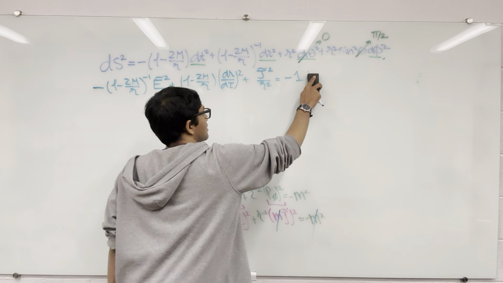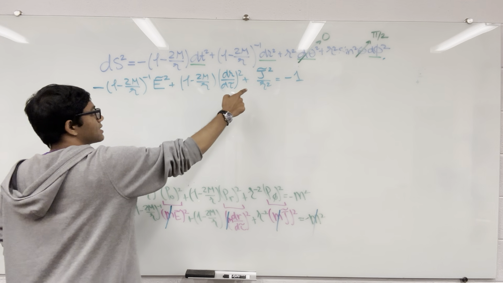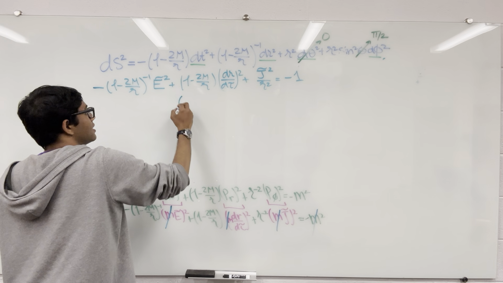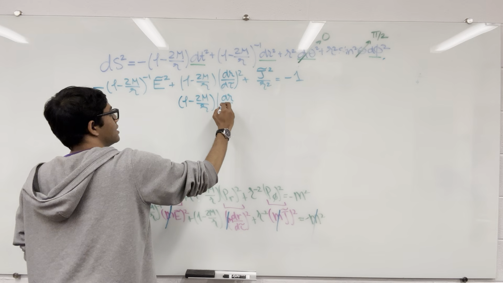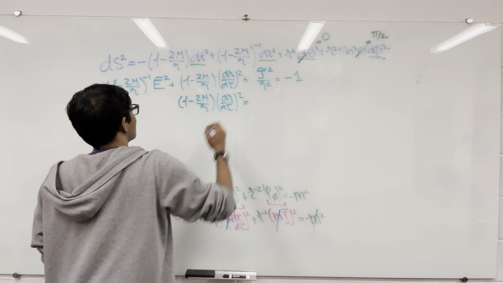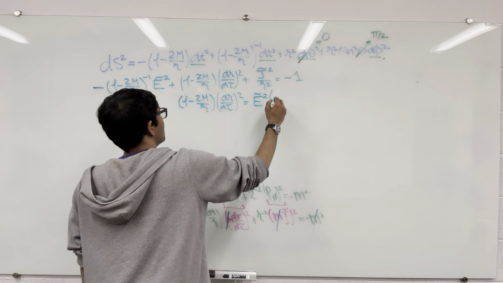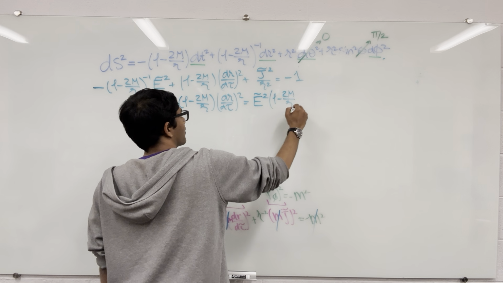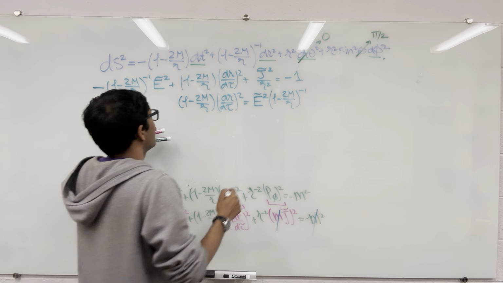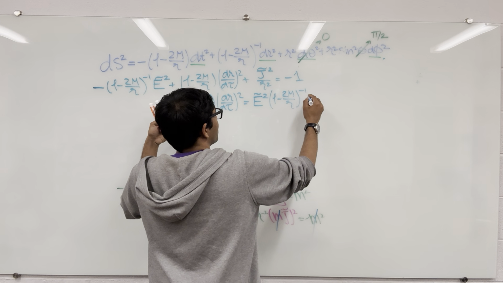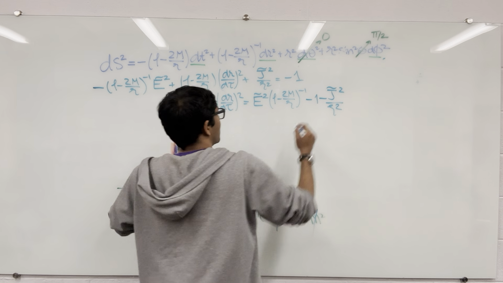Okay, so I'm going to bring this left term over to the right side and the angular momentum term to the right side. So I have 1 minus 2m over r dr d tau squared is equal to E tilde squared times 1 minus 2m over r to the minus 1. Okay, that should be fine. And then we have minus 1 minus j tilde squared over r squared.